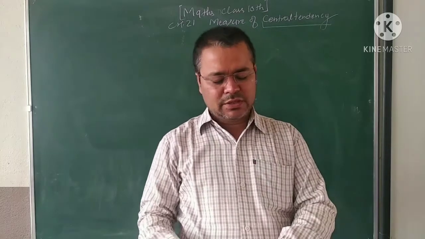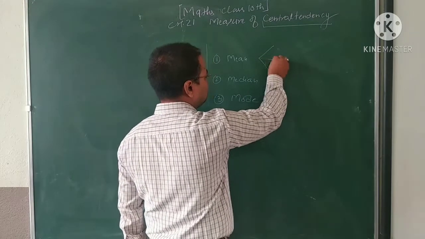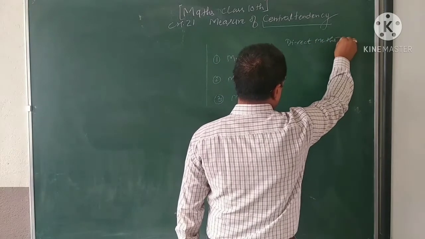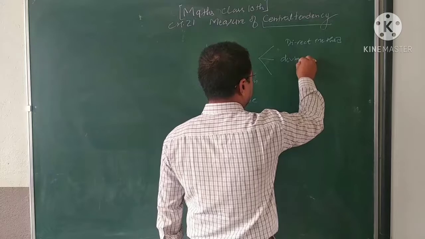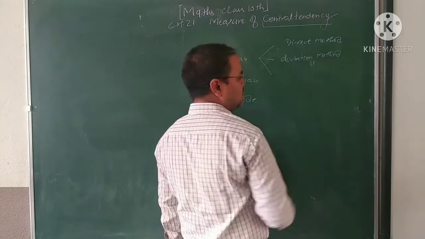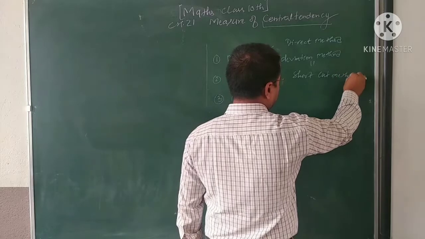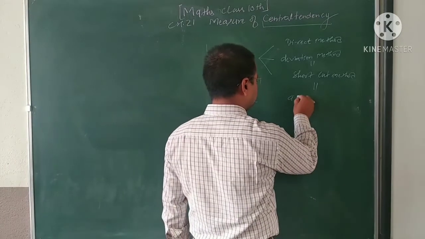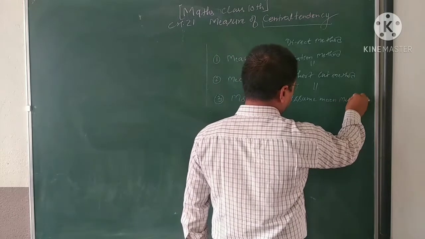In our syllabus, we have to find the mean with the help of 3 formulas. The first one is direct method. The second one is deviation method. Deviation method is also known as shortcut method, or assumed mean method.